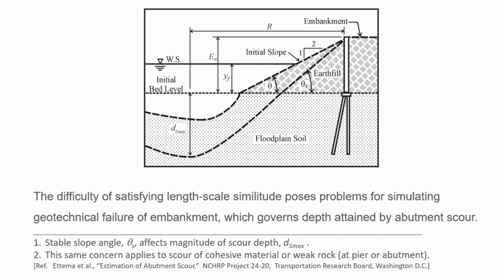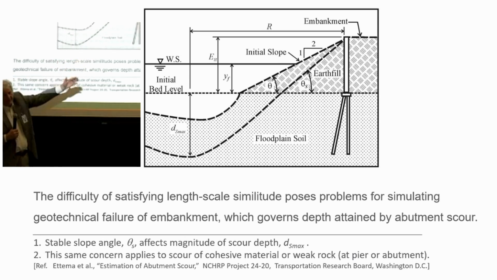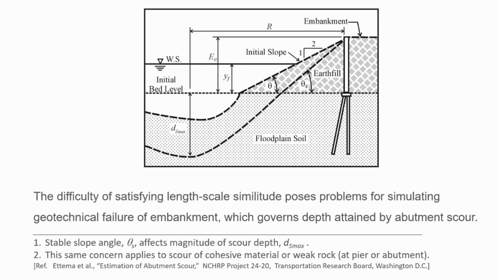And most bridge designs do include, if you design an apron, a rock apron to limit the scour depth here. Putting rock on top of soil doesn't do anything. Maybe it's good for preventing erosion of the soil by flow, but you're adding dead weight onto a slope, and that slope is going to fail quicker, as I showed in an earlier slide, than if you had no rock at all.